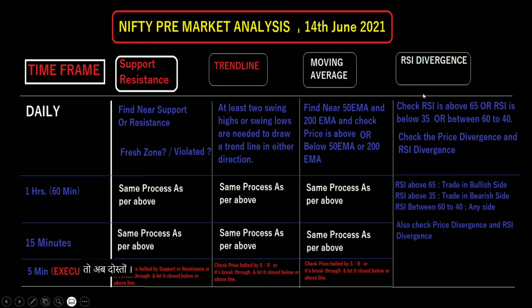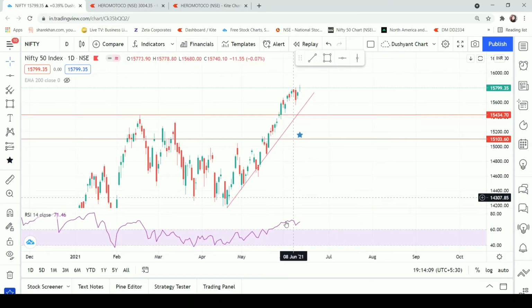Okay, so after that we will use RSI divergence. Check whether RSI is above 65, below 35, or between 60 to 40. Check the price divergence and RSI divergence.